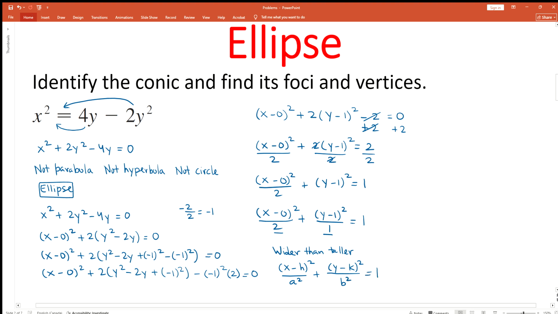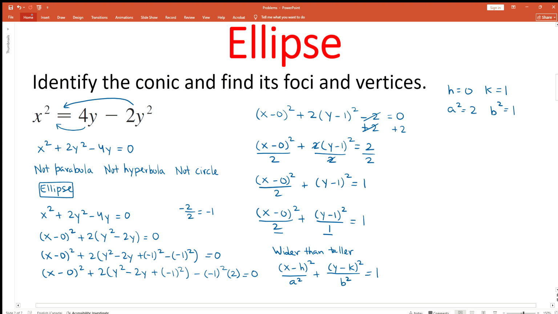We can compare our equation with this general equation to find the values of h, k, a square and b square. We can see that h is equal to 0, k is equal to 1, a square is equal to 2, and b square is equal to 1.